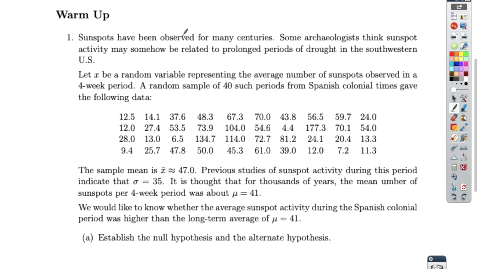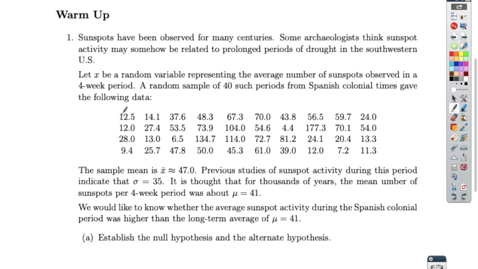Sunspots have been observed for many centuries. Some archaeologists think that sunspot activity may somehow be related to prolonged periods of drought in the southwestern U.S. Let X be a random variable representing the average number of sunspots observed in a 4-week period. A random sample of 40 such periods from Spanish colonial times gave the following data.